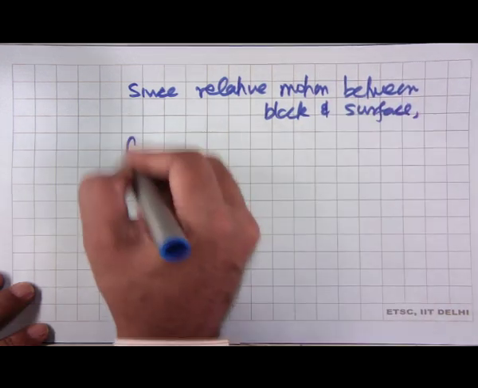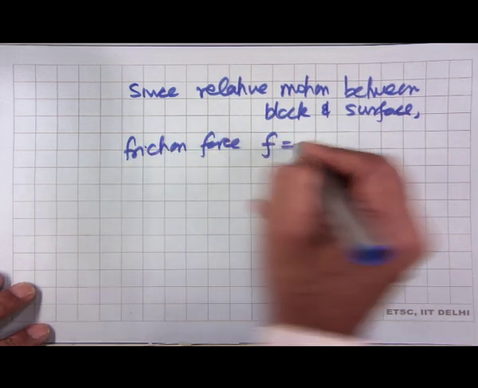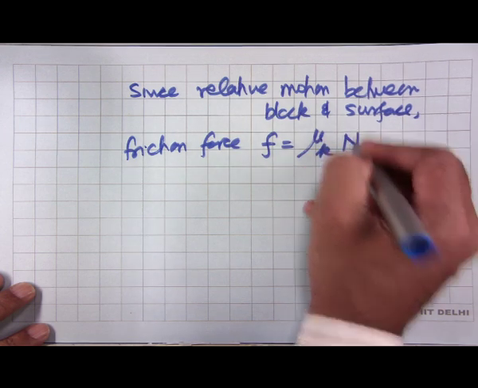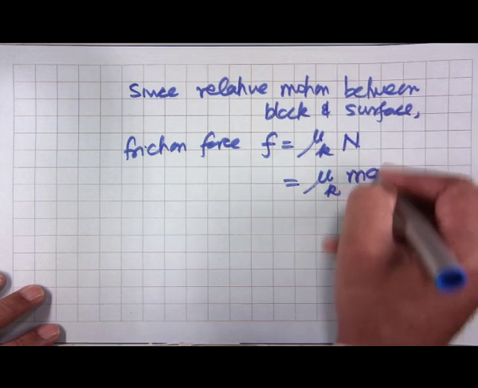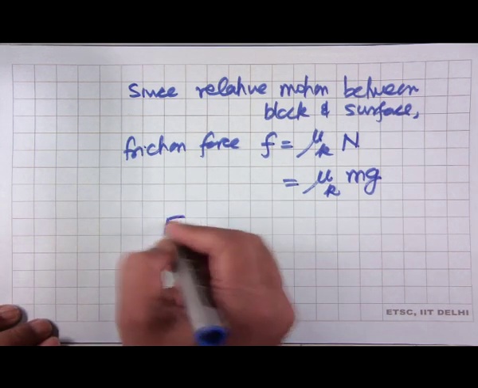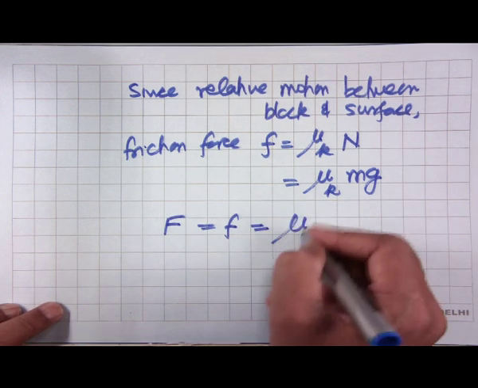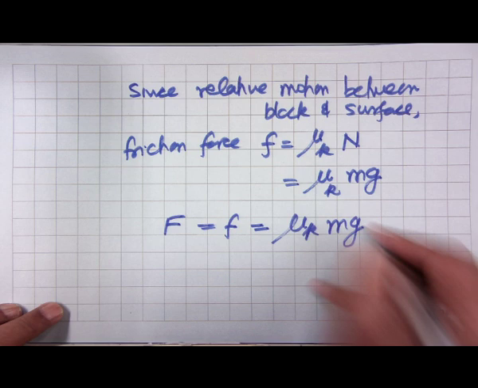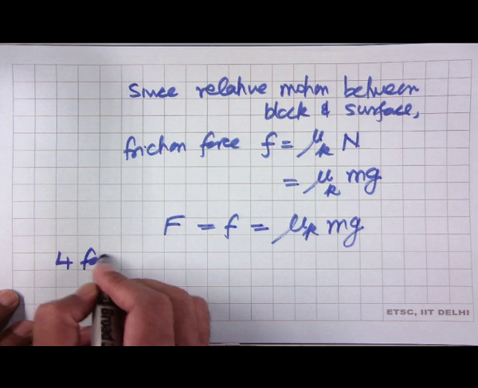So, the friction force f is equal to mu k times N, which is equal to mu k times mg. And the force F is equal to the friction force, so that must also be equal to mu k times mg.